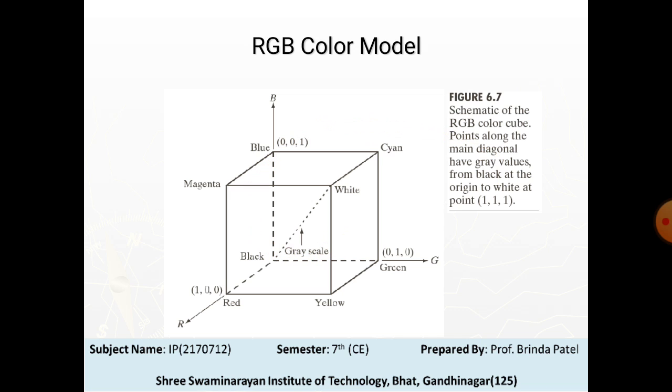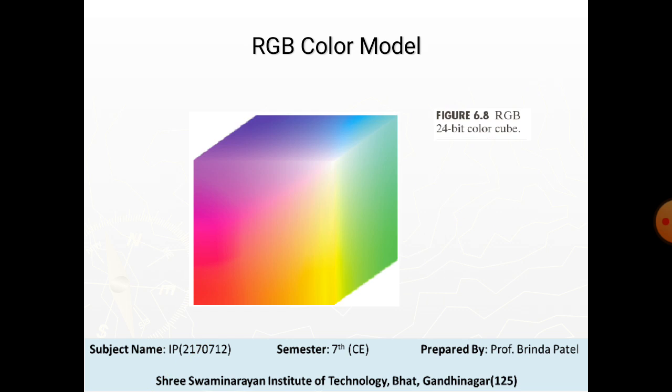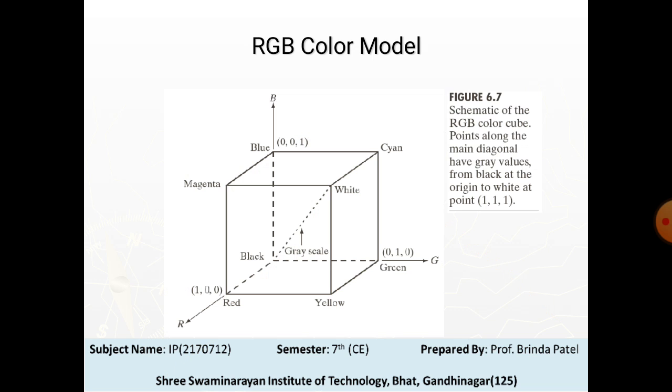The term full-color image is often used to denote a 24-bit RGB color image. The total number of colors in a 24-bit RGB image is (2^8)^3, which is 16,777,216.